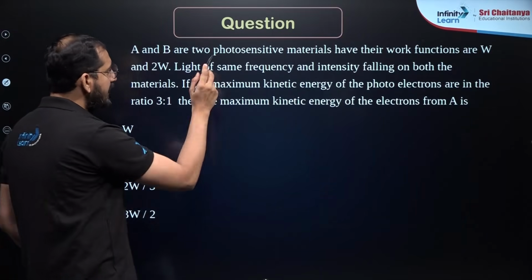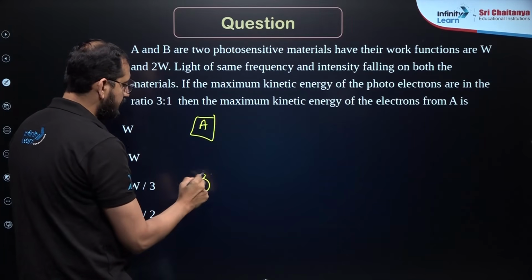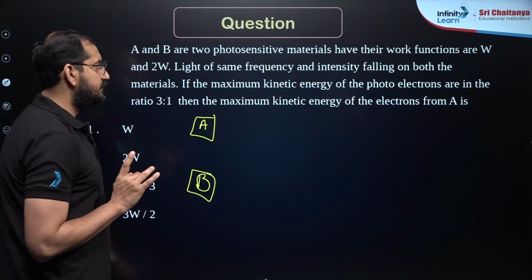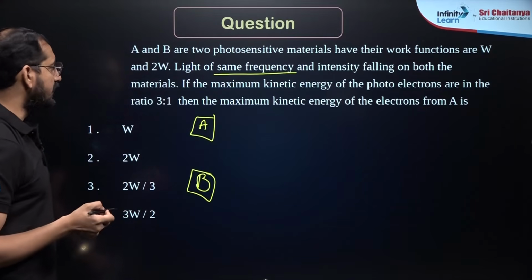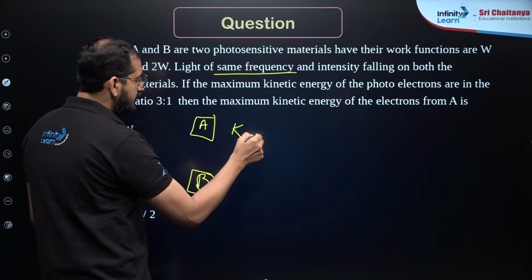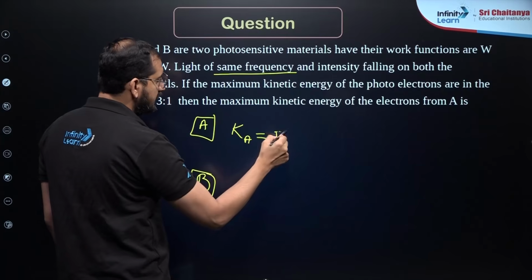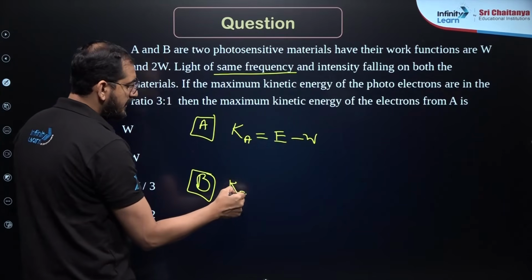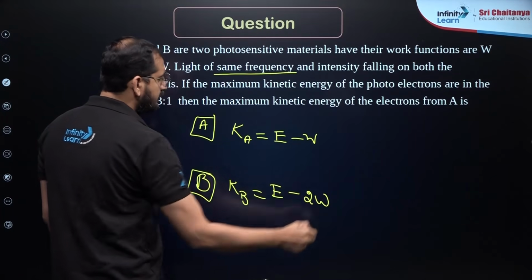So here we have A and B, two different materials. This is A and this is B. Their work functions are W and 2W. Light of the same frequency and the same intensity is falling on both of them. So the maximum kinetic energy of the photoelectron, Ka, can be written as the incoming energy E minus the work function W. For B, I can write the incoming energy E minus the work function, which here is 2W.